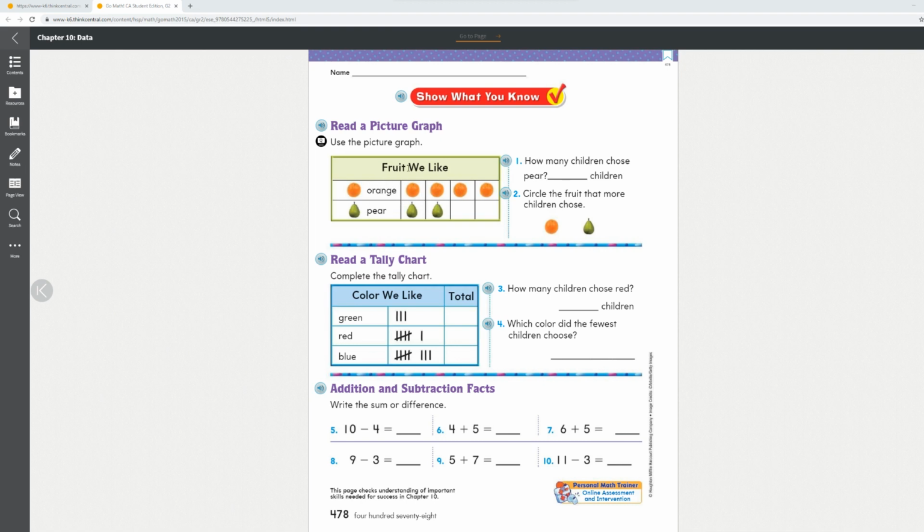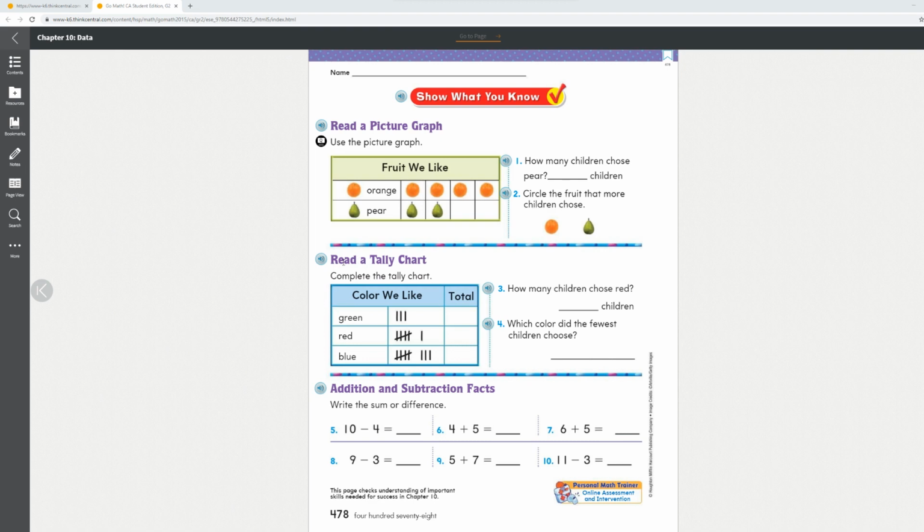These are the two fruits that the children liked. So we have to look at the pear and figure out how many children chose the pear. You're going to have to do some counting for that. Number 2, you're going to circle the fruit that more children chose. The children chose one of these two fruits more than the other. Which one was it? Circle that one.